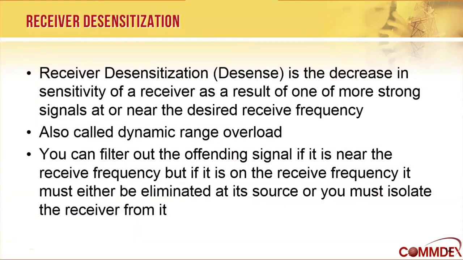One or more strong signals at or near the desired receive frequency, also known as dynamic range overload. You can filter it out if it's near the receive frequency, but if it's right on the receive frequency, you can't filter it out, so you have to go to the source and either eliminate the source or isolate yourself from the source.